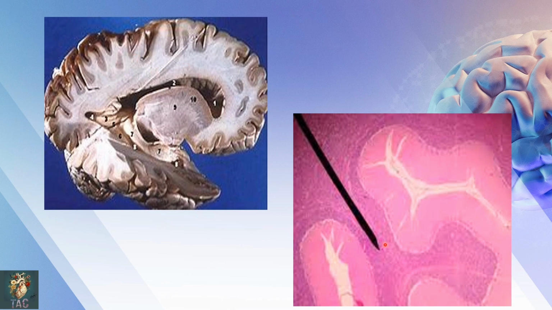So this is the histological section of the cerebral cortex, in which you can see this darker color area which is granular in nature. This is the gray matter, which consists of neuronal cell bodies in addition to the dendrites, the axons and the glial cells, and this lighter color area is the white matter, which contains most of the fibers.